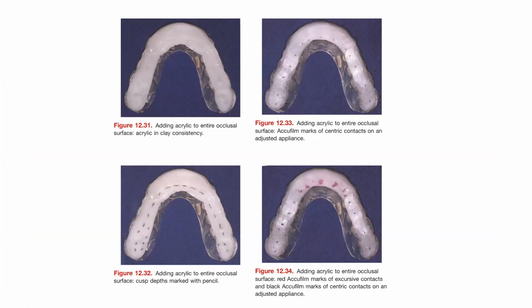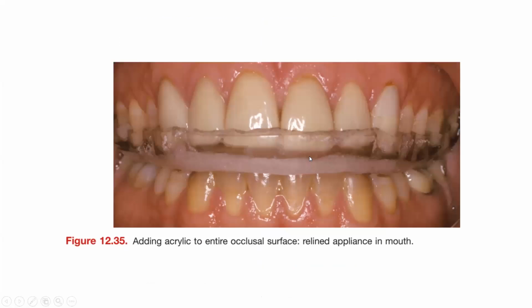For the repair of the occlusal appliance, we can place the acrylic above the occlusal surface of the tooth, place the occlusal splint in the mouth, and ask the patient to bite. Once the appliance is set, we can remove it from the mouth and then trim the appliance accordingly.